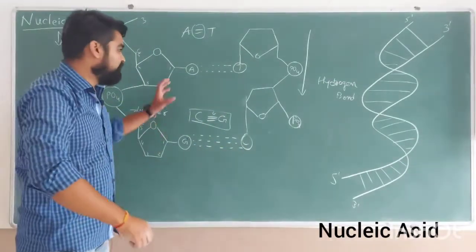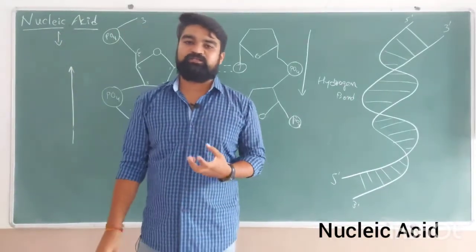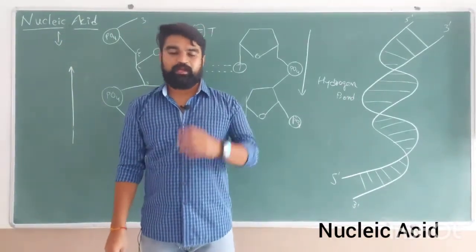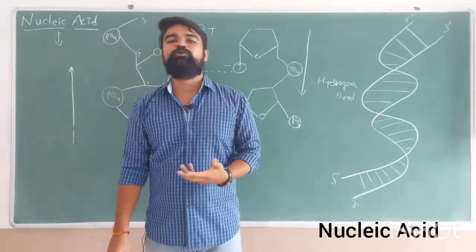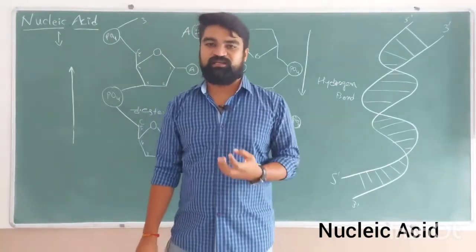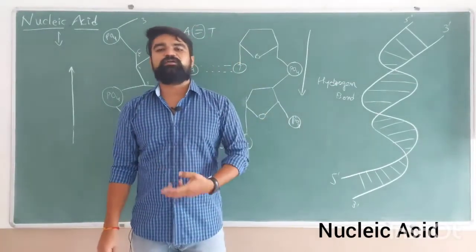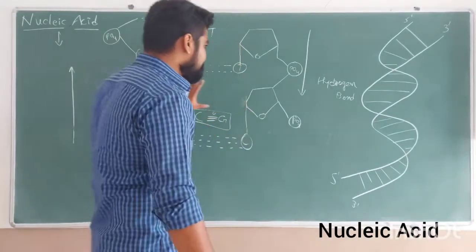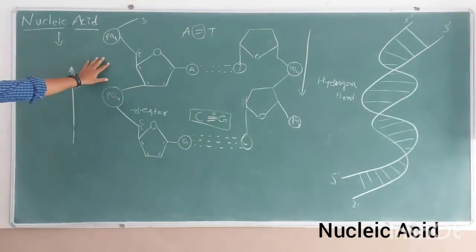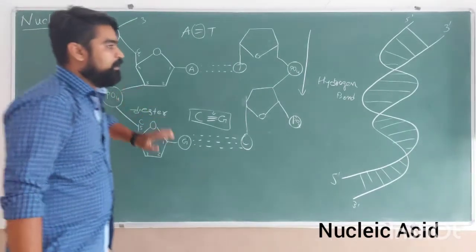The other combinations cannot occur in the structure of the stable DNA, and if it happens, it is called the mutation. We all know what mutation is, that is the change in the DNA is called the mutation. So this is how the structure of the DNA is present in the living organism.